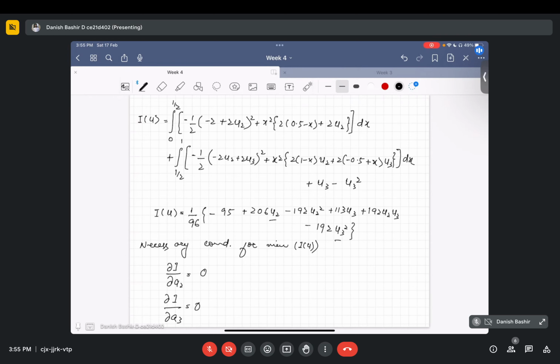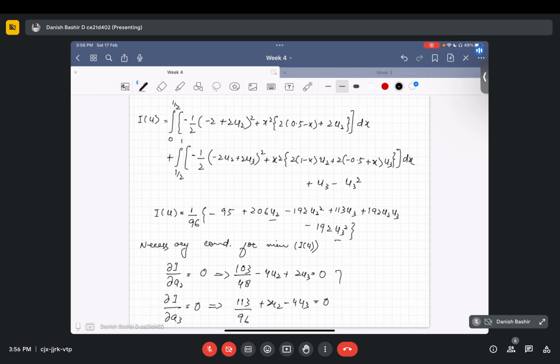When you carry out these two things, you will get expressions like this: 103 divided by 48 minus 4u2 plus 2u3 equal to 0. You will get this one linear equation in u2 and u3, and this will give you 113 divided by 96 plus 2u2 minus 4u3 to be equal to 0.